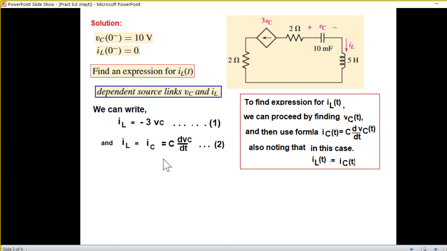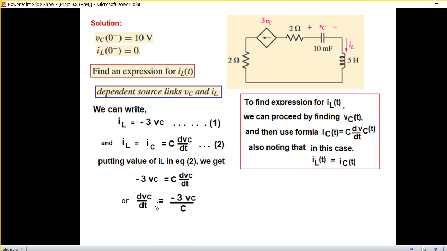And equation number 2 is, as we mentioned here, that we will find iC, which is equal to iL, by using the C dvC/dt formula. We all know the current through the capacitor formula. And so putting these two together, minus 3 vC can be written as C dvC/dt.